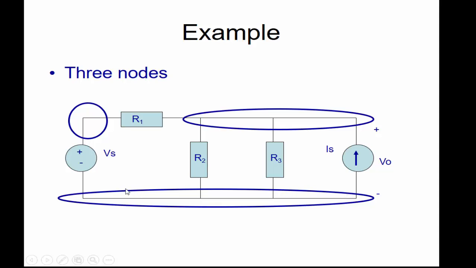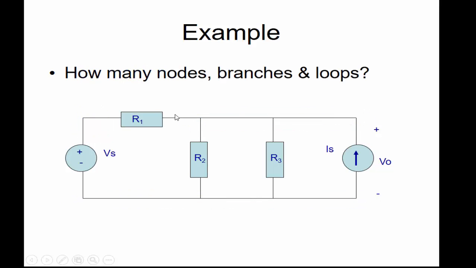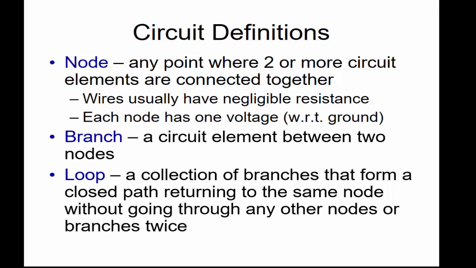So all of these will be treated as just one node, and on top here, all of that will be treated as just one node. Remember, a node is any point where two or more circuit elements are connected. If circuit elements are not found there, those points are treated as just one node because they have a common configuration.